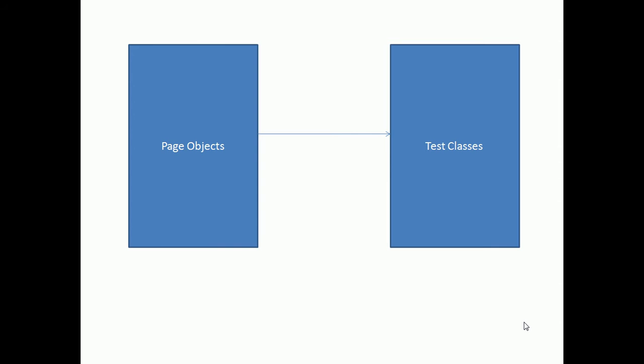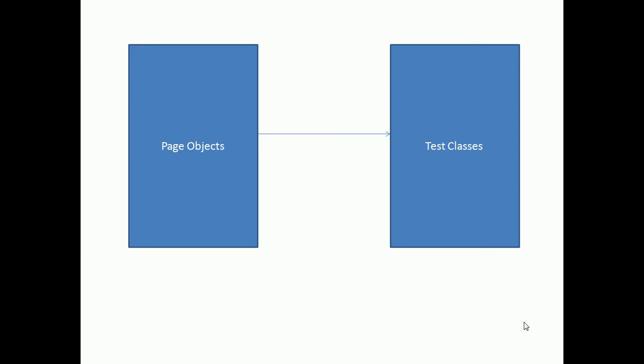So this is how a high level structure of page object model is. There are page objects which are Java POJO classes and there are test classes which will invoke methods from the page objects. And these test classes are pretty easy to use.